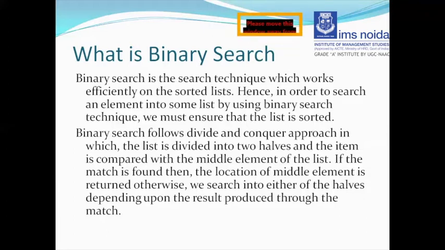Depending on that, you have to choose the particular half of the list in which you're going to search your element later if it does not match the middle element. So this is the procedure you have to follow while working on binary search.